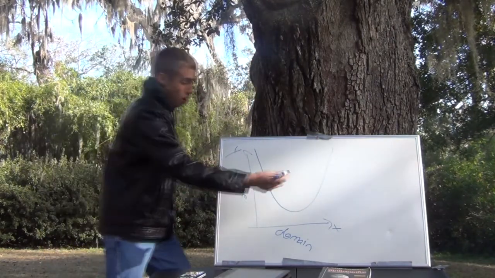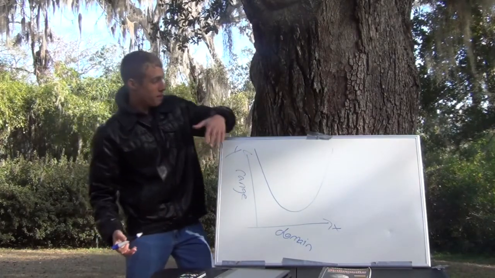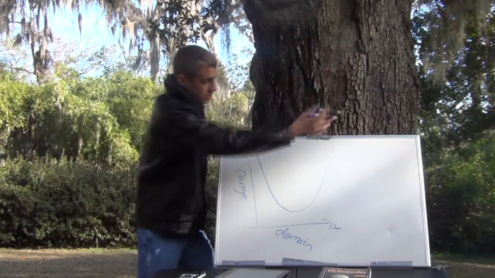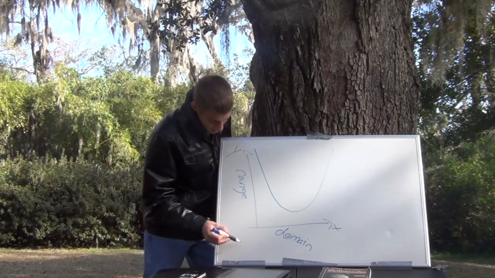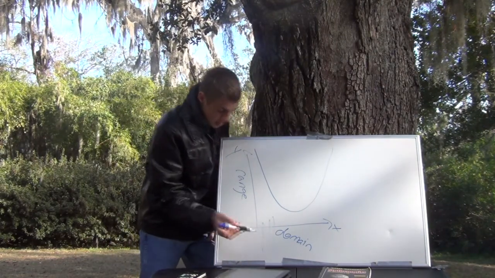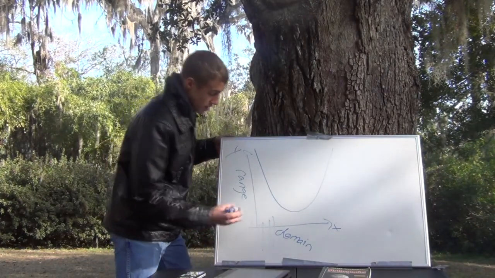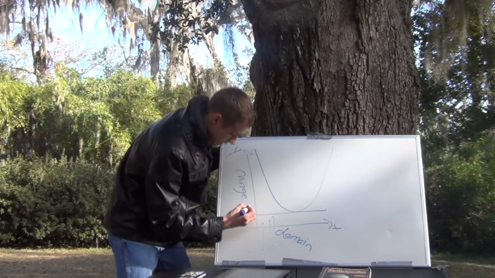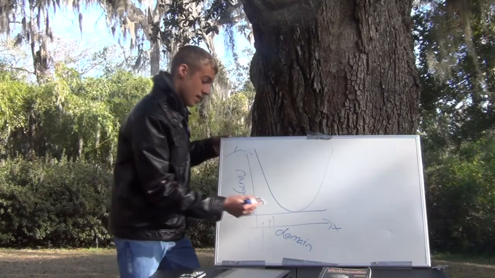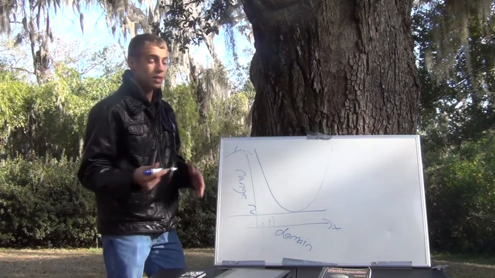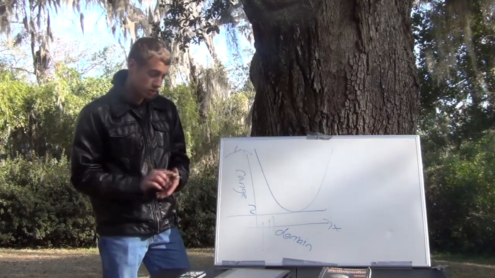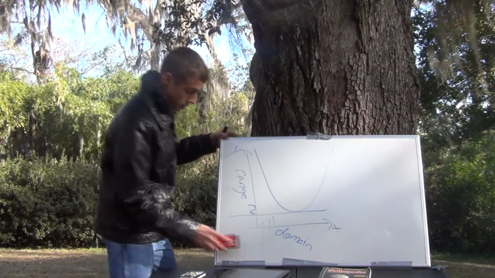Your domain, all real numbers, because it's going to keep on going up off in this direction here and off in that direction there, so you've got all the real numbers on your domain. But range, you notice you come down in this area down here, there's nothing. So your range is going to be, say, this is at 2. In that case, your range would be all real numbers equal to or greater than 2. That's all you've got to worry about.